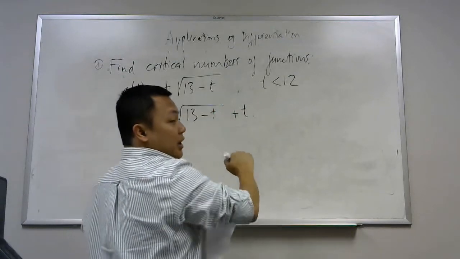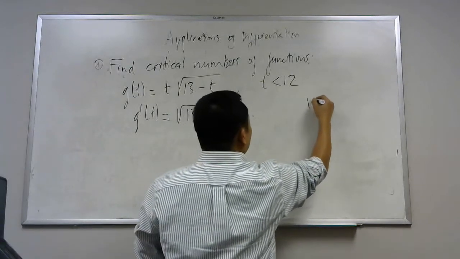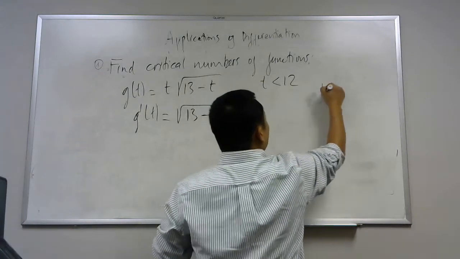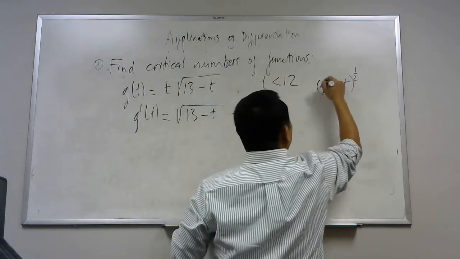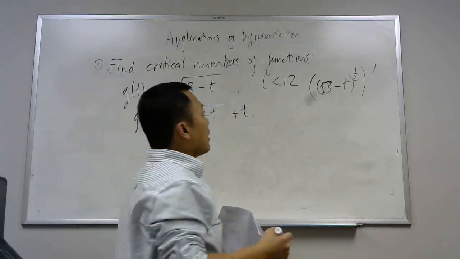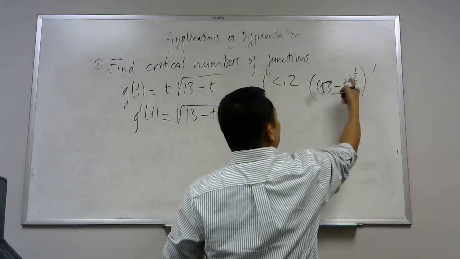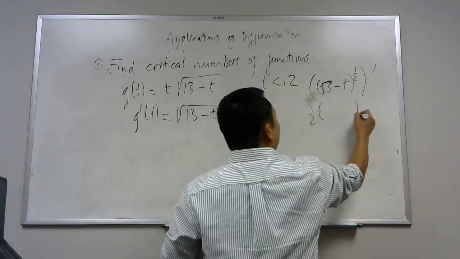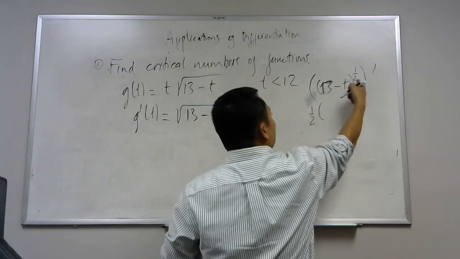For the second function, I will rewrite it in the following form: 13 minus t to the power 1/2. When you take the derivative of this function, you use the chain rule. First I take the derivative of the outside function, which gives 1/2, and I reduce the power by 1, so I have negative 1/2 here.